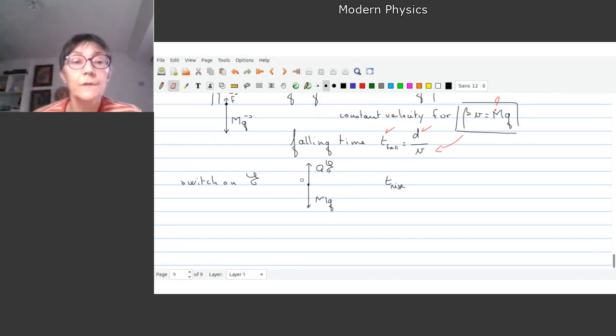It is rising, so this one is downward also, beta V. Okay, so T rise equals the same D over V rise. Okay, and so you will have that.